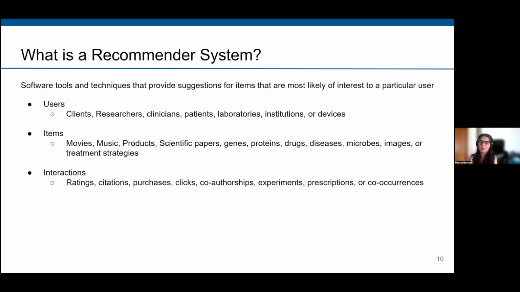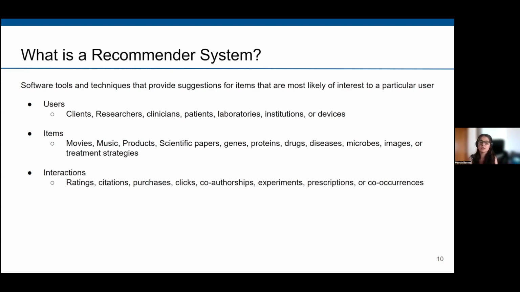The most known items are movies, music, products, because there are a lot of data sets in these specific fields. But these items can also be scientific papers, genes, proteins, drugs, diseases, microbes, images, treatments. So everything that is a scientific item, everything that can be studied by researchers.